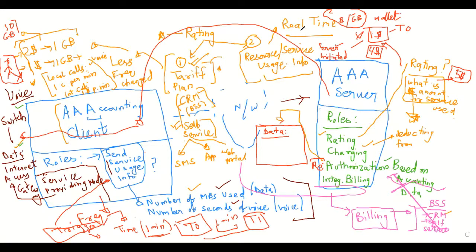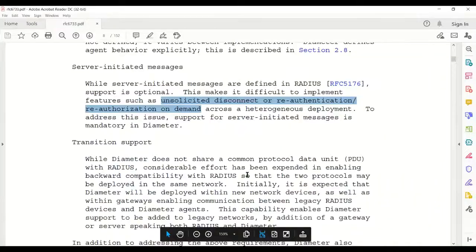All right. So with that, let's go back to the document that we were studying. This video has gone past its life of 1 hour, and we'll continue it in further sessions. But let's revisit this term again in server initiated messages. Unsolicited disconnect, right?